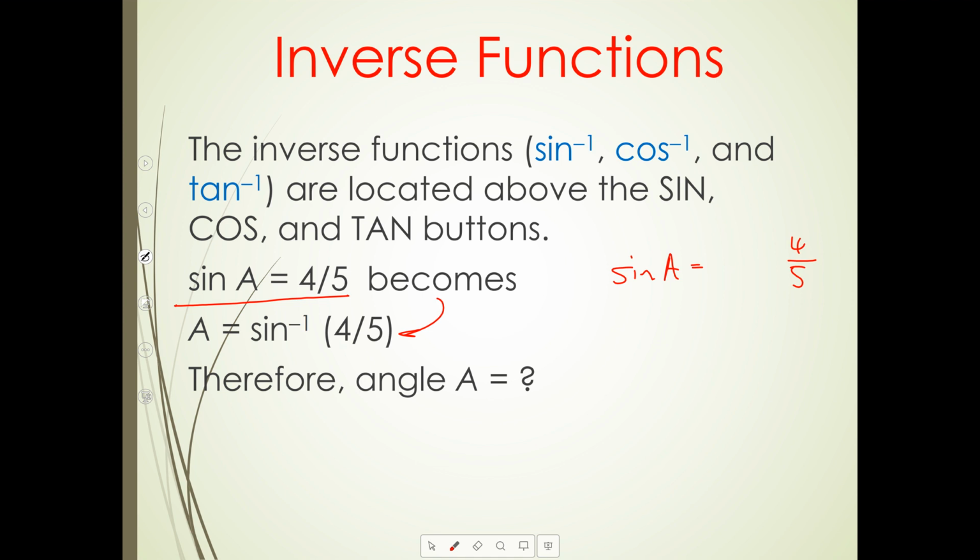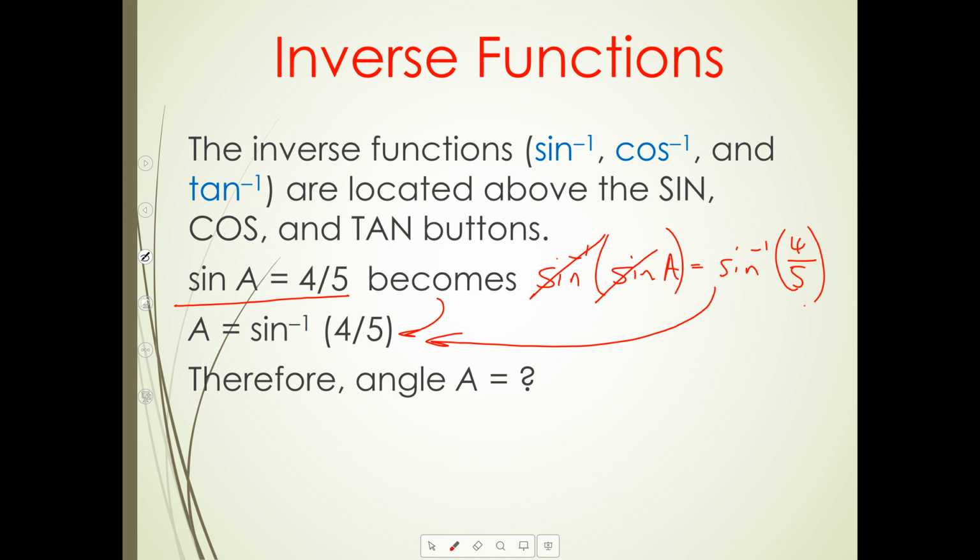I like to leave a gap there, because I'm going to undo the sine function. To undo the sine function, I have to do the inverse function. That's not good math. Whatever you do to one side of the equation, you have to do to the other side of the equation. These two cancel out, whoopsh, whoopsh, and that's how I got to that step.